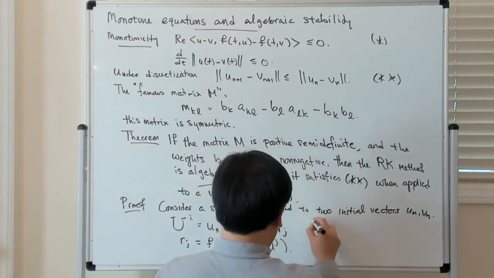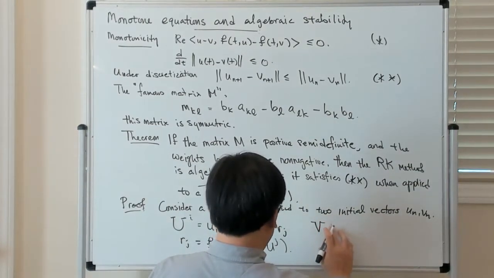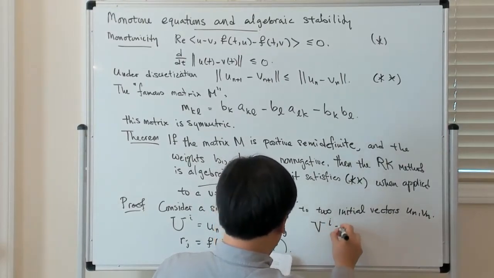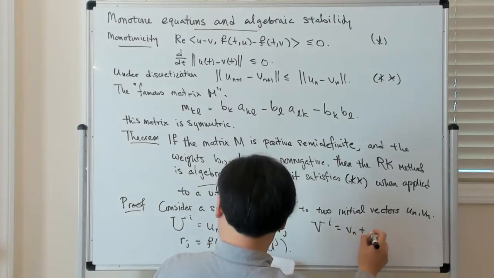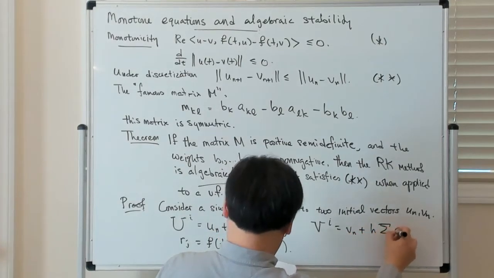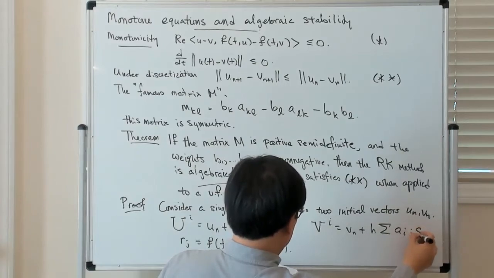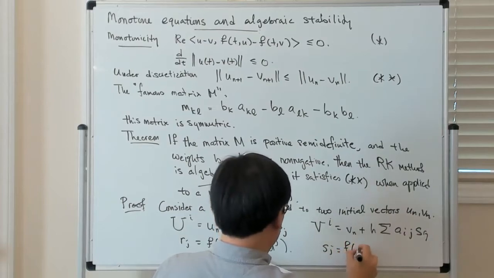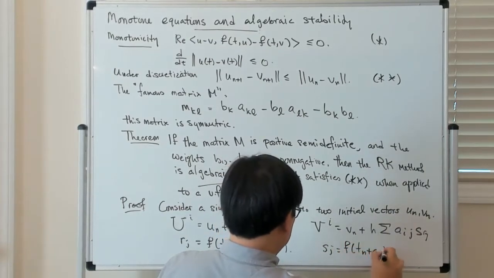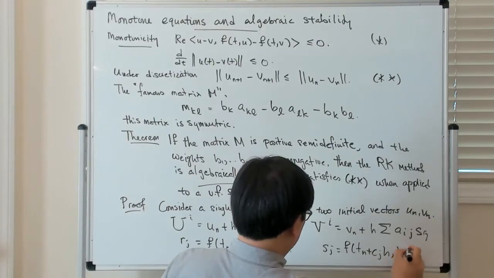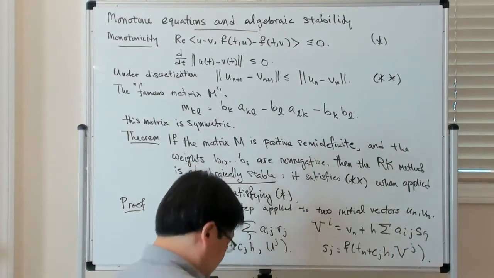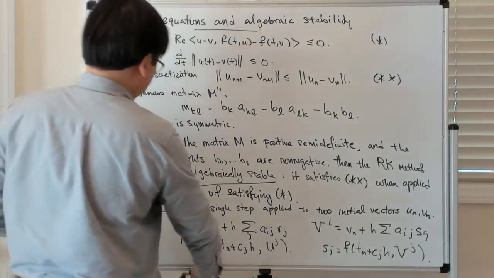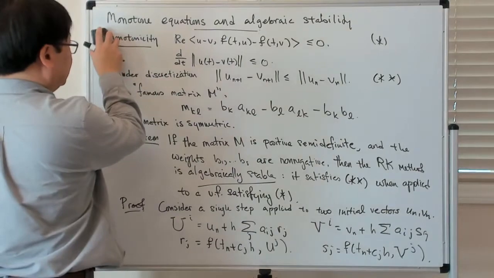All right, and then you have big Vi is Vn plus H, the sum over j of Aij Sj, and then Sj is f evaluated at tn plus Cjh, Vj. Okay. All right, and so I'm just writing down the definition of a Runge-Kutta method right now.